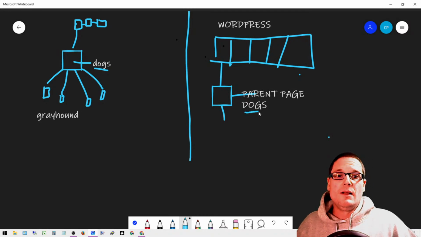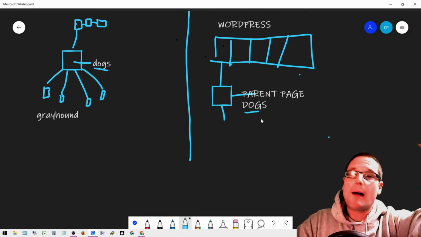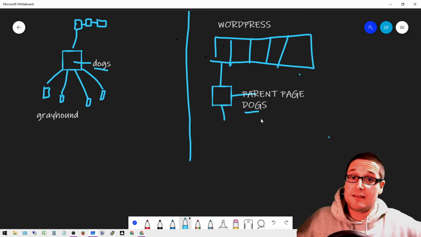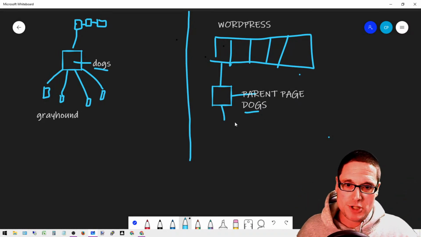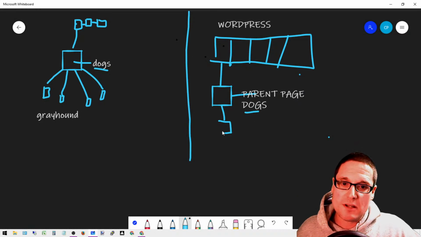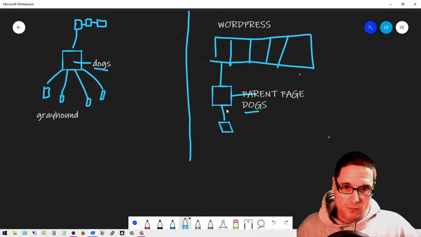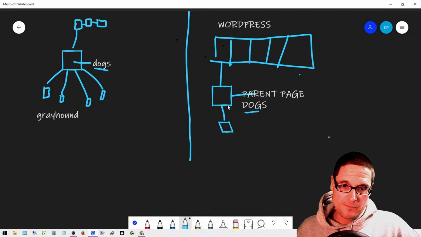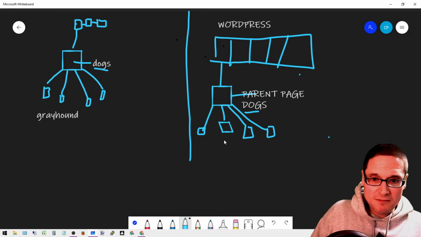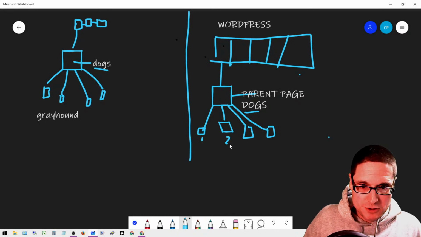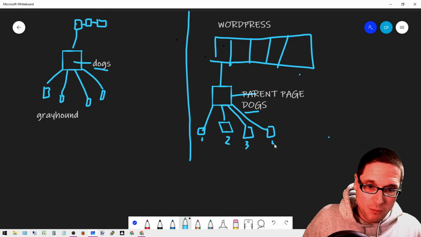Because on dogs, generally, this top level page could be something that we're selling. Just look at it as a category page. Then underneath it, we could talk about our different types of dogs. So we have this, this, this, and this. Top level, this could be number 1, and then number 2, number 3, and number 4.